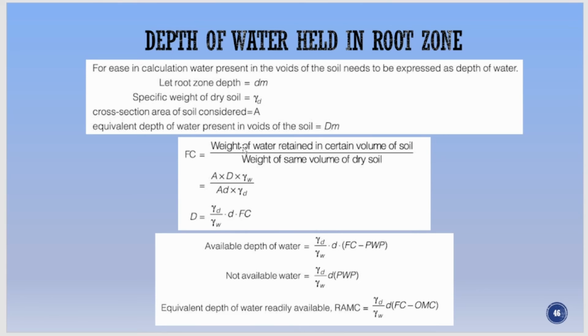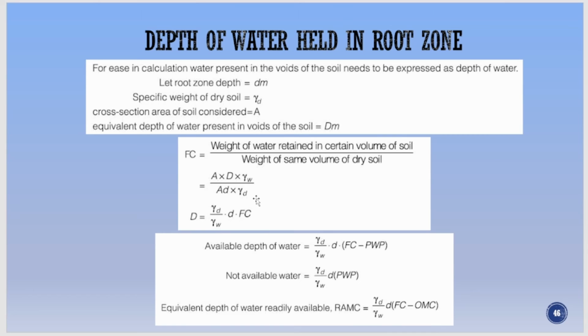So let us write the weight of water retained in a certain volume of soil: area multiplied by depth of water multiplied by the unit weight of water, gamma W. This is divided by the weight of soil. How to calculate the weight of soil? Area multiplied by depth of root zone, which gives you the volume of soil, multiplied by gamma d.